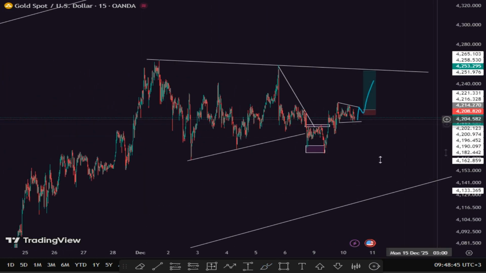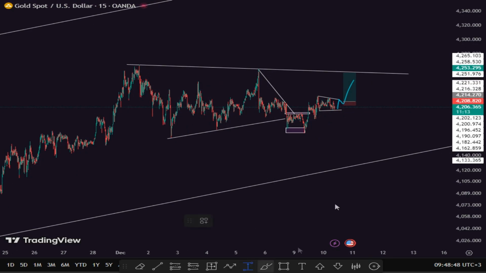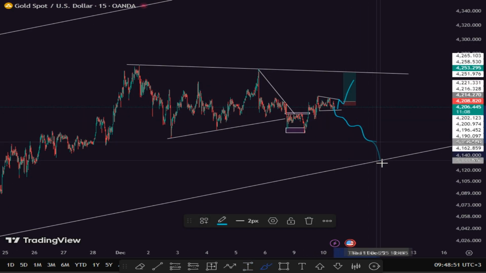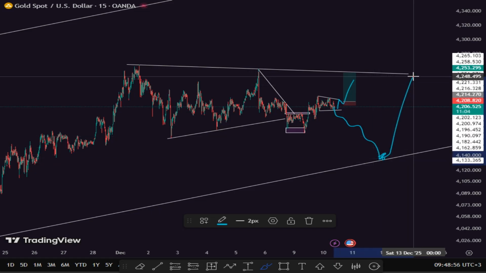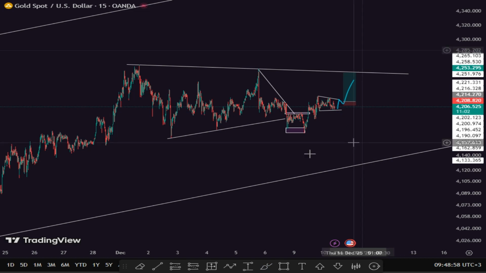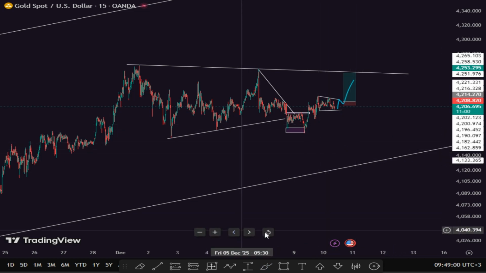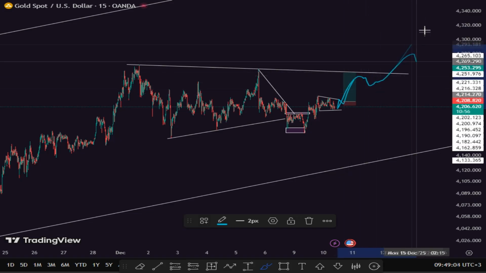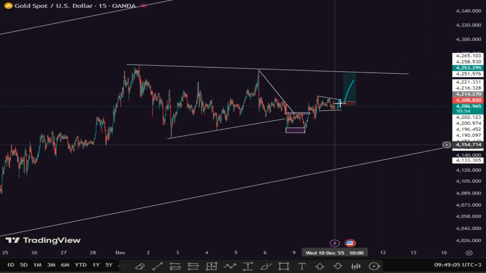I'm not looking for buys until I see what price wants to do, because she might continue dropping, who knows, right? Then maybe hitting this level, I think that is a good place to look for long-term buys. But as for now, she's giving us short-term buys, but who knows, she might even just continue pushing up, right? So this is going to be a very crucial zone.